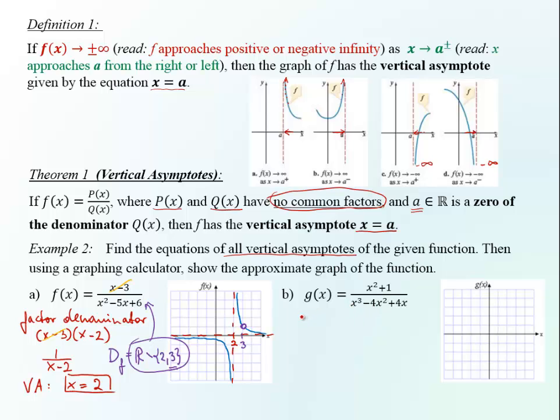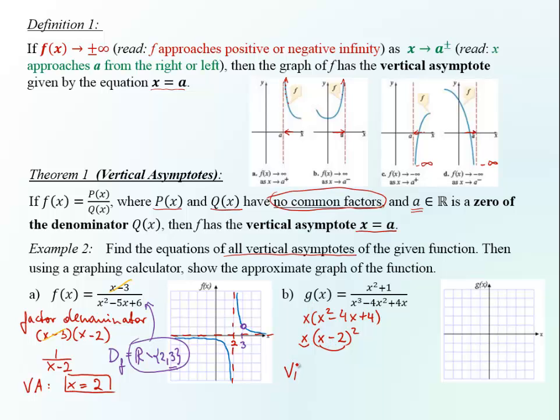Here if we factor the denominator, we have x times x squared minus 4x plus 4. You can observe that this is a perfect square, x minus 2 squared. Since we can't really reduce anything, each factor from the denominator gives us a number where the graph of g has a vertical asymptote.